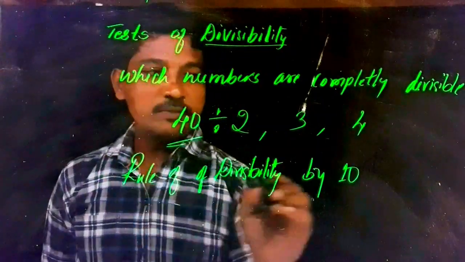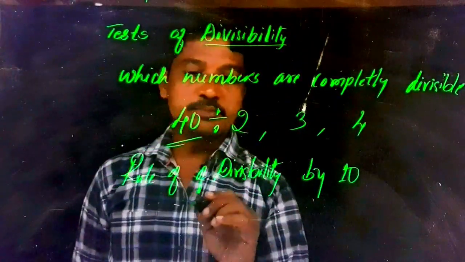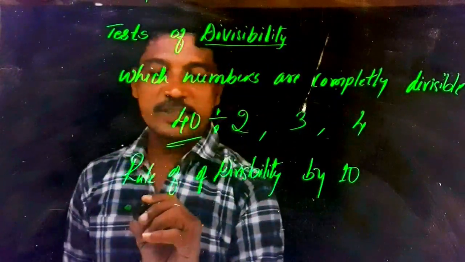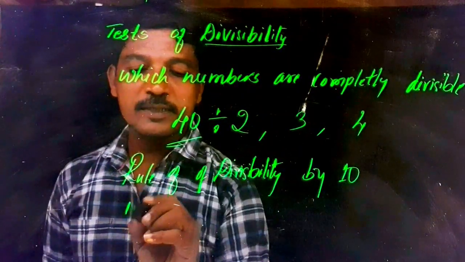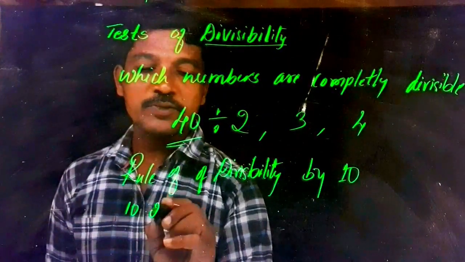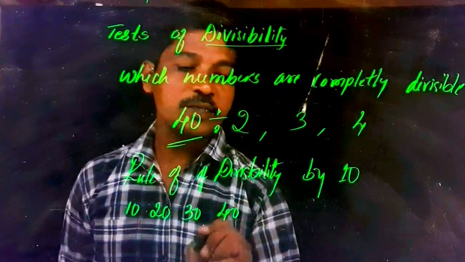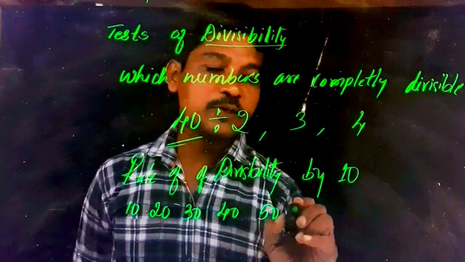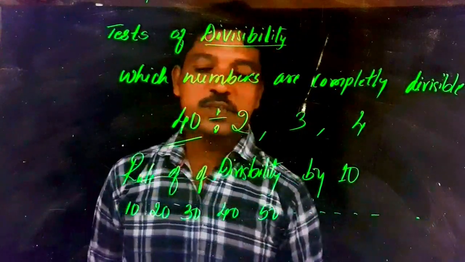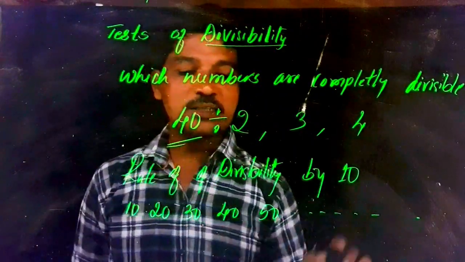When we see the multiples of 10, what are the multiples of 10? 10 ones are 10, 10 twos are 20, 10 threes are 30, 10 fours are 40, 10 fives are 50. Okay, and so on. Just observe what is common in these.